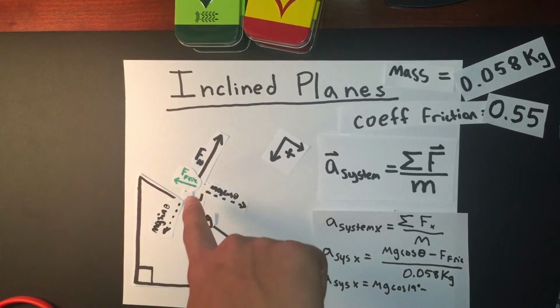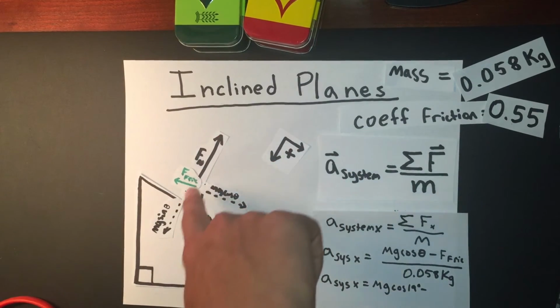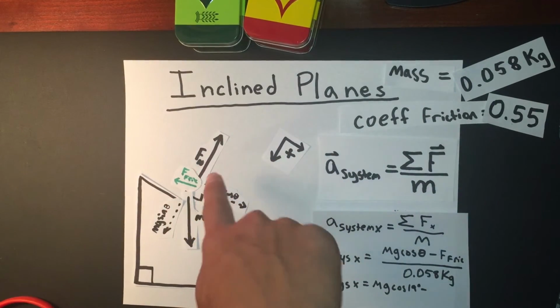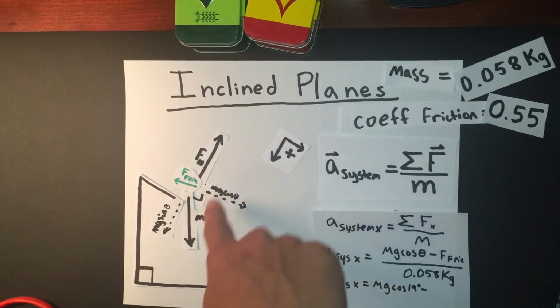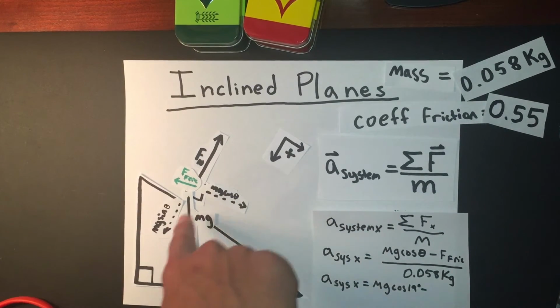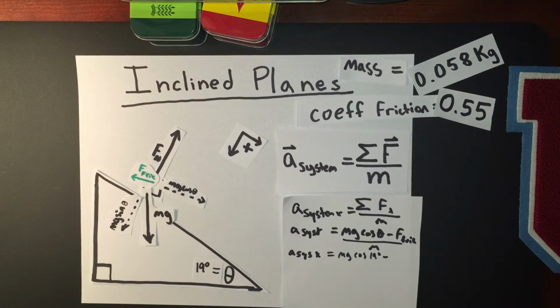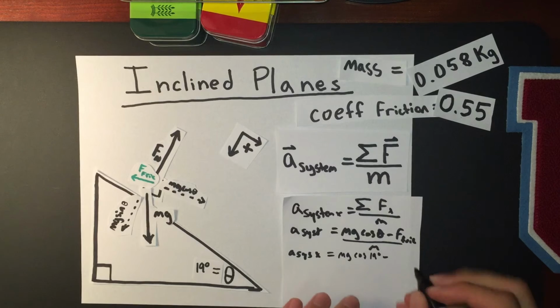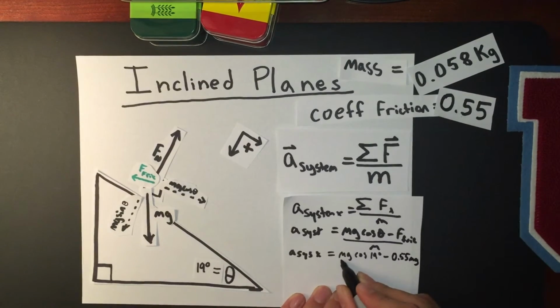That is because the friction force is some percentage of the normal force. The normal force in this case is the same magnitude as this force, which is mg. So we can write that out: 0.55 mg, all over the mass of the object.